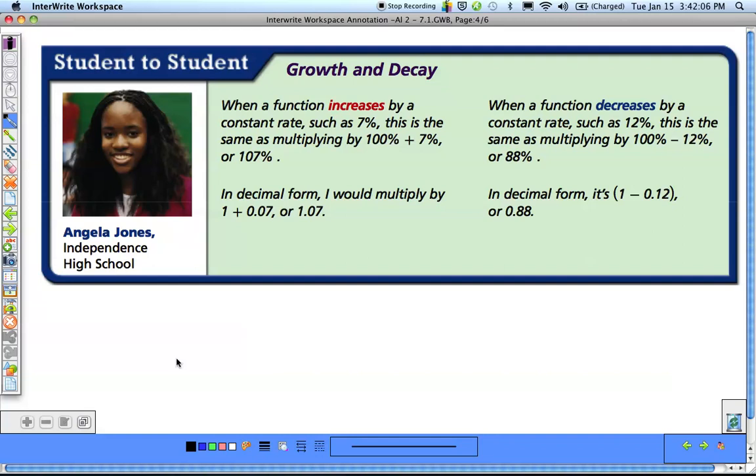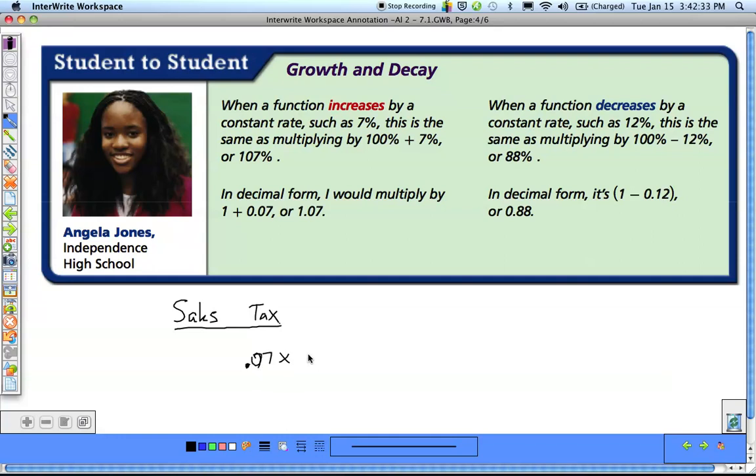Think about if you go to a store and you buy something that has sales tax. You have to figure out your total price with the sales tax. Let's say we have a 7% sales tax. That sales tax is going to increase that amount. To figure out what that sales tax is, you multiply by 0.07. Let's say we don't actually know the price, so we call it x. We multiply it by 0.07.